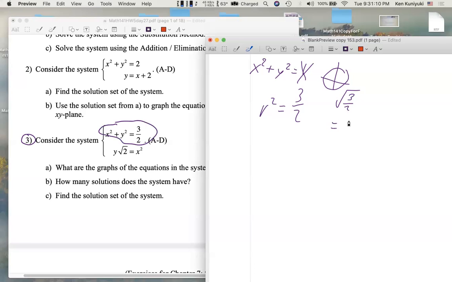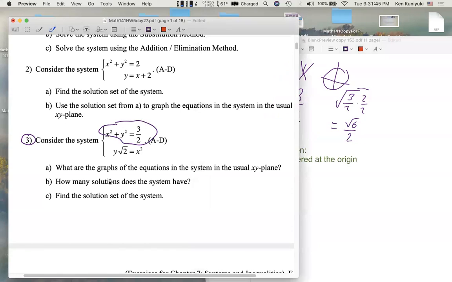Or if we multiply the top and bottom by 2, we get the square root of 6 over 2. But anyway, the first equation gives us a circle centered at the origin, of radius this, but you don't have to go that far.